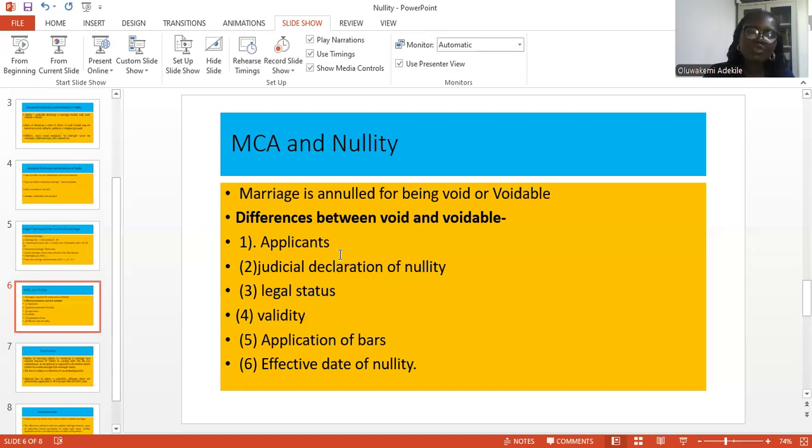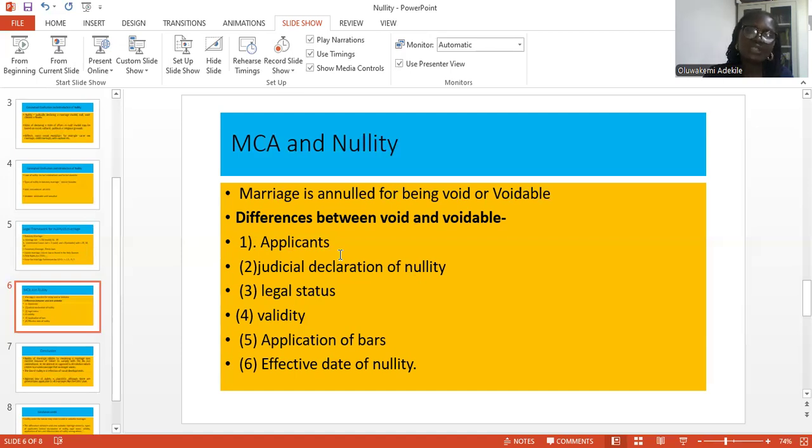So there can be bars to a petition for annulling a voidable marriage, which the court may impose, but there are no bars to annulling a void marriage. It is void, it does not exist in the eye of the law. So you cannot say you are preventing it from being annulled.